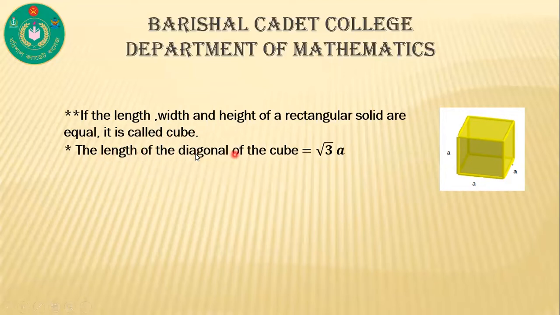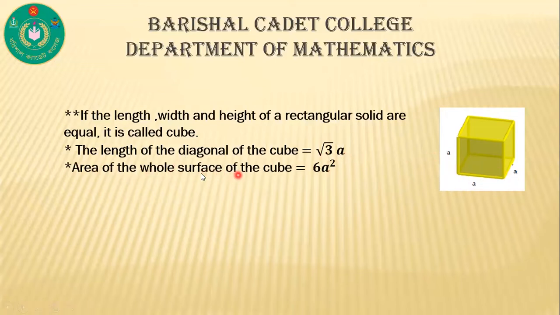The length of the diagonal of the cube is root 3a. That means we know the length of the diagonal of the cube is equal to root a square plus a square plus a square. That means root 3a square, we can write root 3a.